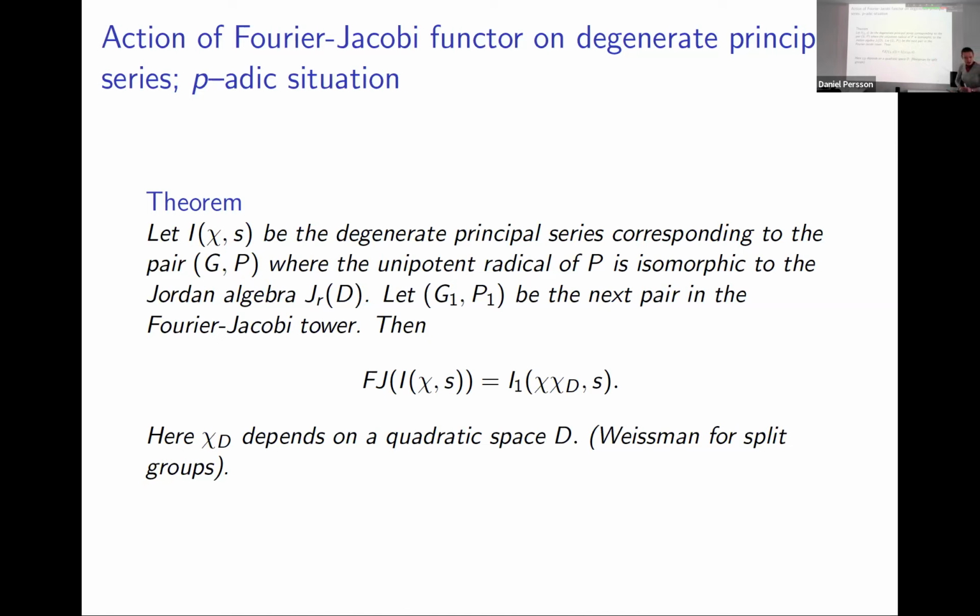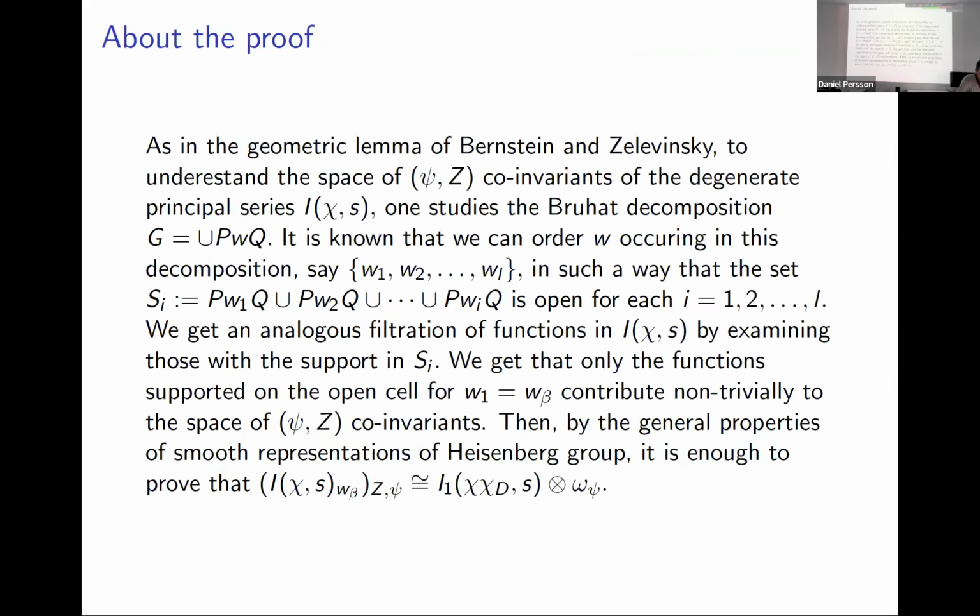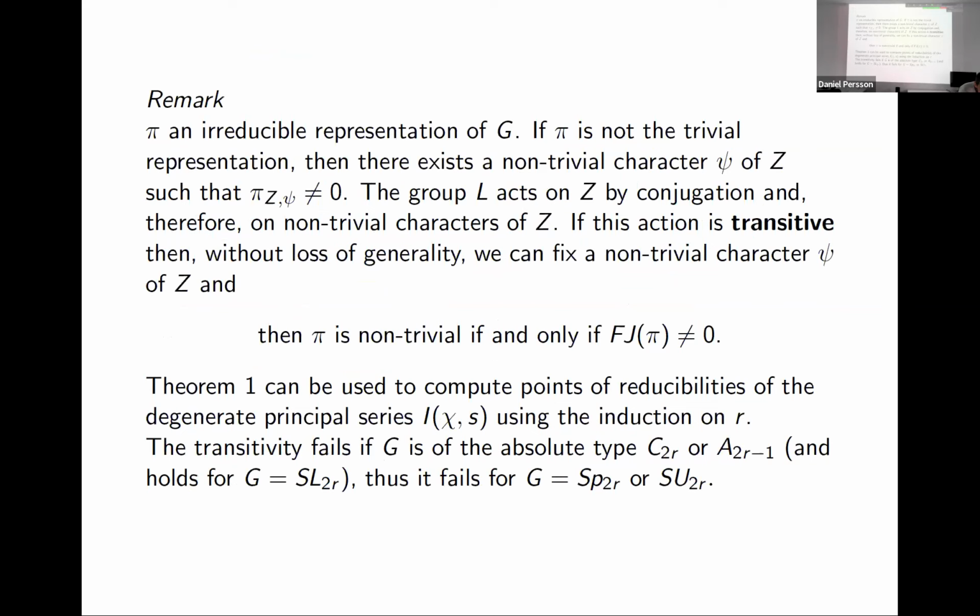Why? I will return to this, but why does it give you the information on reducibility? In the Heisenberg group, this L acts on Z by conjugation and on non-trivial characters.